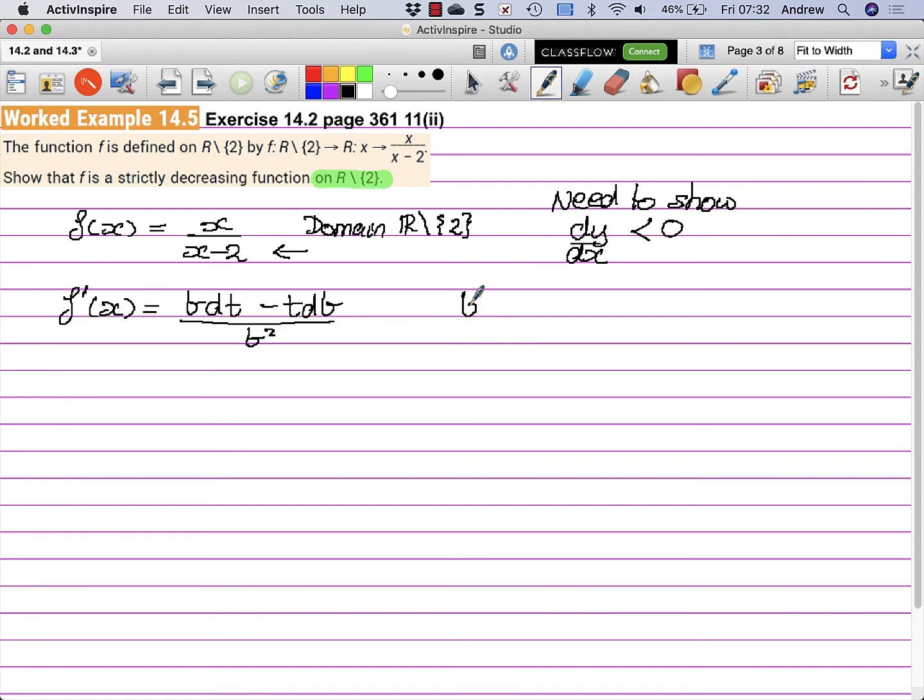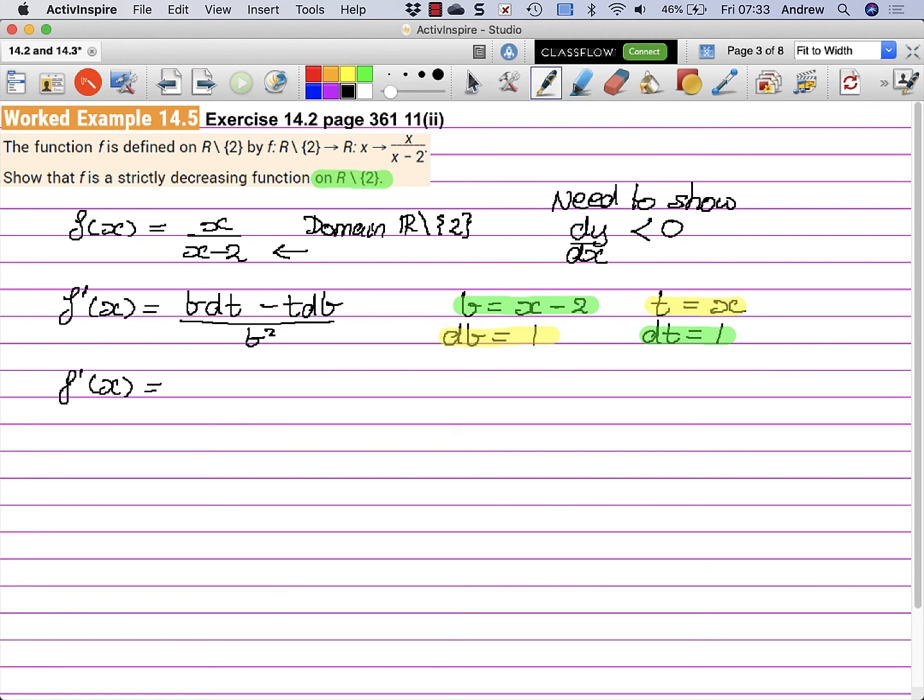Now the bottom is equal to x minus 2 and the differential of the bottom is going to be equal to 1. The top is equal to x and the differential of the top is going to be equal to 1. We're now going to substitute it in. F dashed x, so we're looking at the bottom times the differential of top, and in a few moments time we're going to be looking at the top times the differential of the bottom.